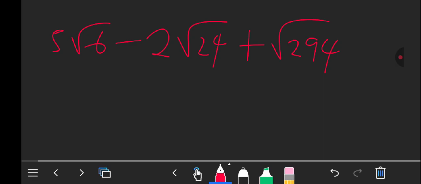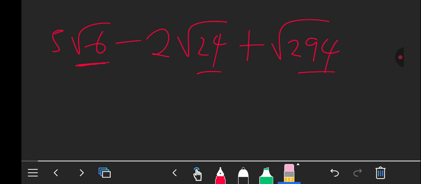The first thing here, you must make sure that what is in the square root should be at least just 6. You must simplify all these expressions in the form of square root of 6.